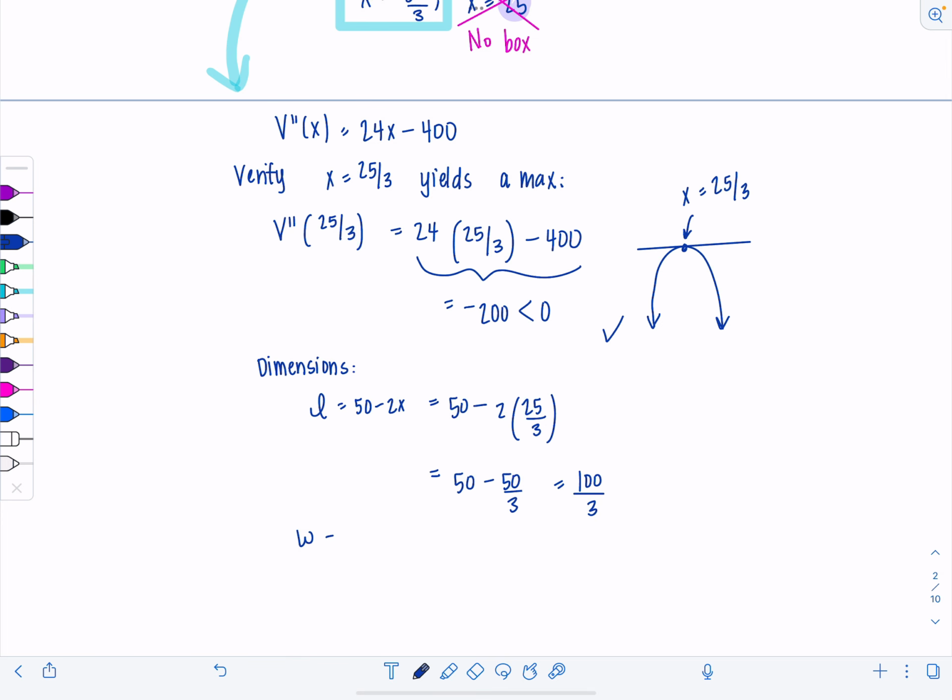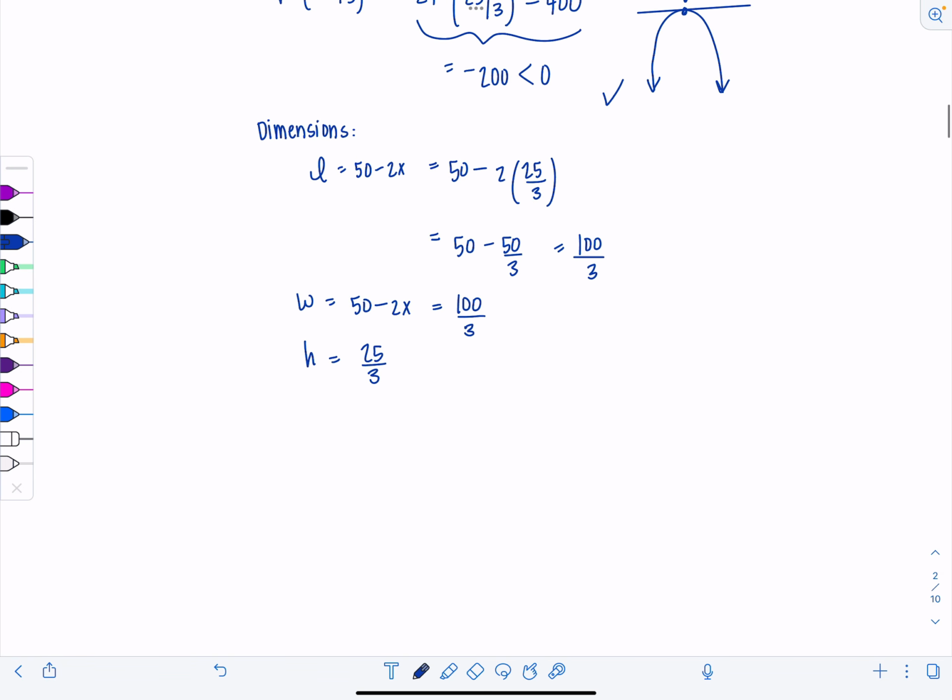And the width was the same, and the height we know was just x, which was 25 over 3. So I'll write the dimensions like this. You would say it's 100 over 3 inches by 100 over 3 inches by 25 over 3 inches. That's the dimensions.